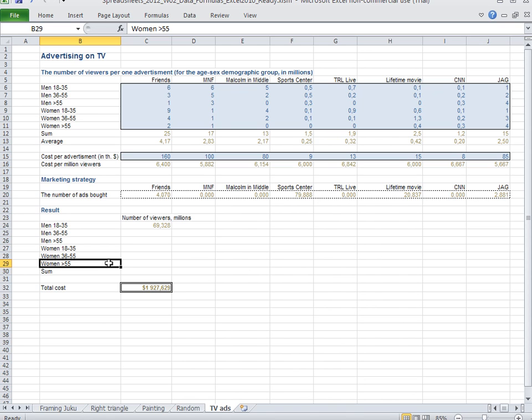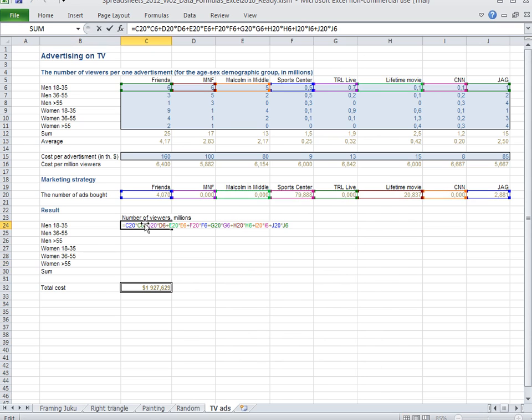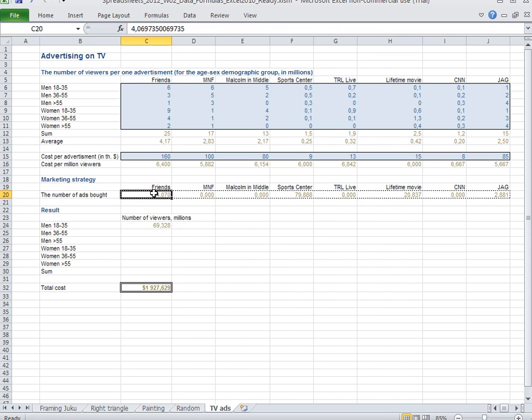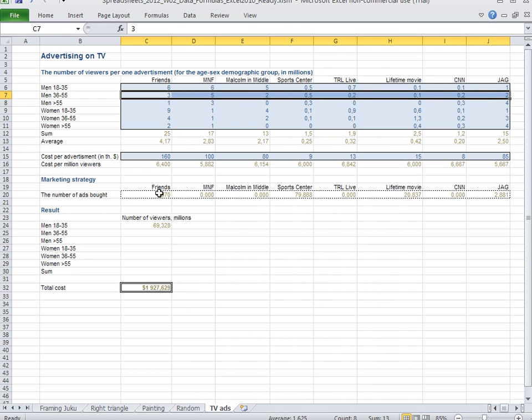And now this is already quite complex. We're gonna take this formula, and now remember that if we copy this formula, we want this row to be fixed in the same place, and we want this row to move down. So if we take, for instance, men 36-55, we multiply this row one by one with still this row.